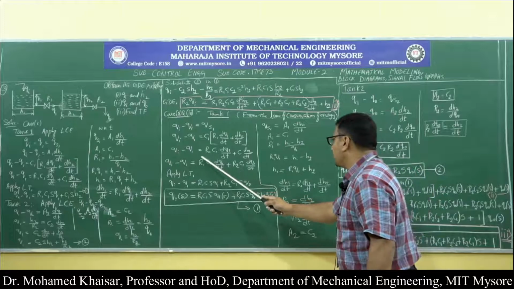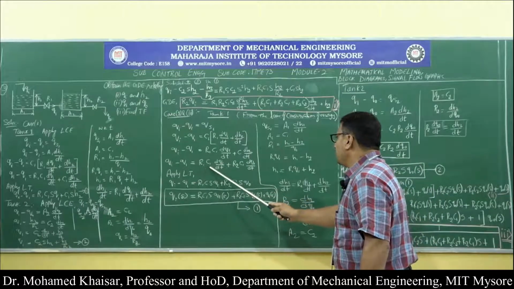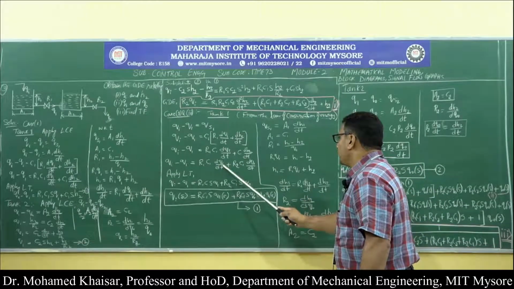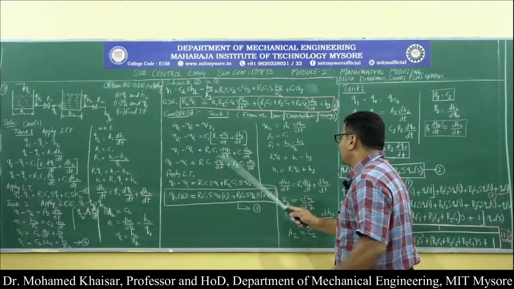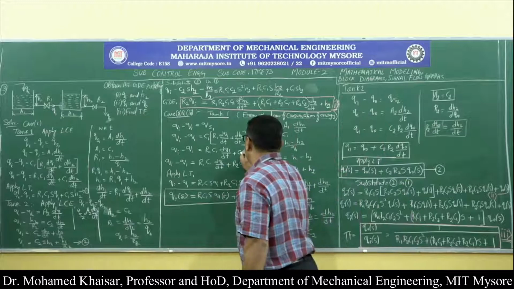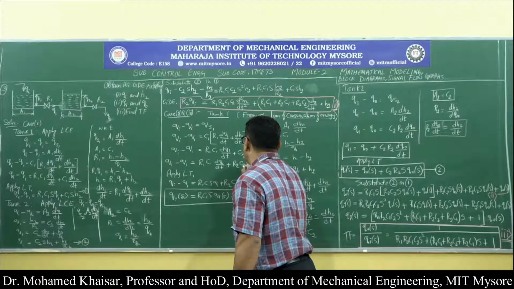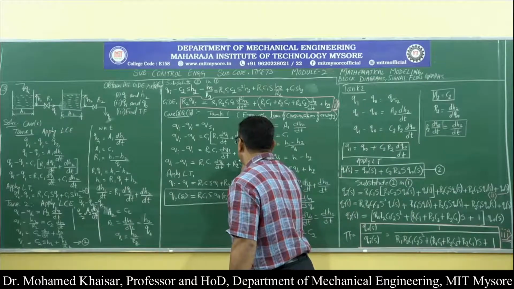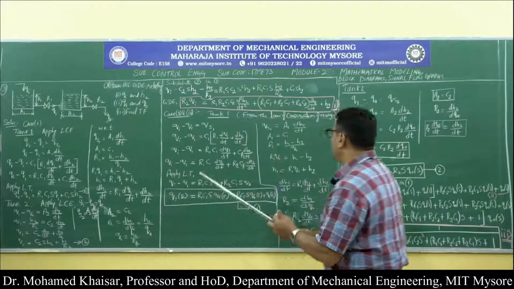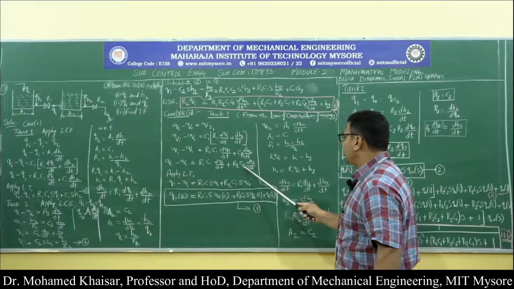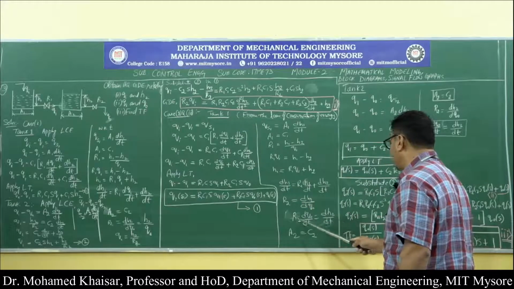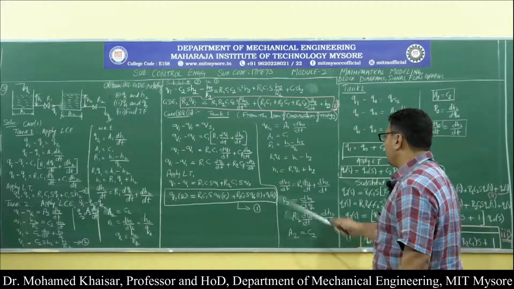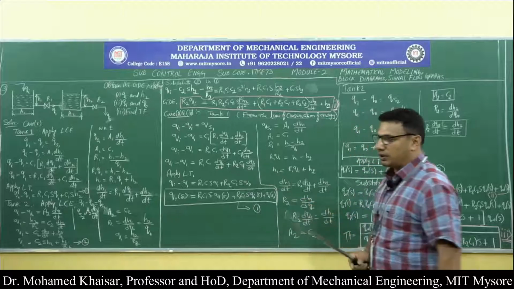That is what has been written over here: R1 C1 dQ1 by dt plus, in place of C1 dH2 by dt, C1 remains the same, whereas dH2 by dt, as you have found out over here, is nothing but R2 into dQ0 by dt. That is what you have written over here.